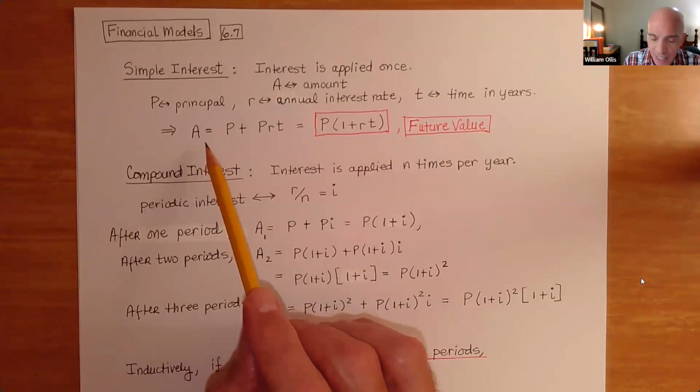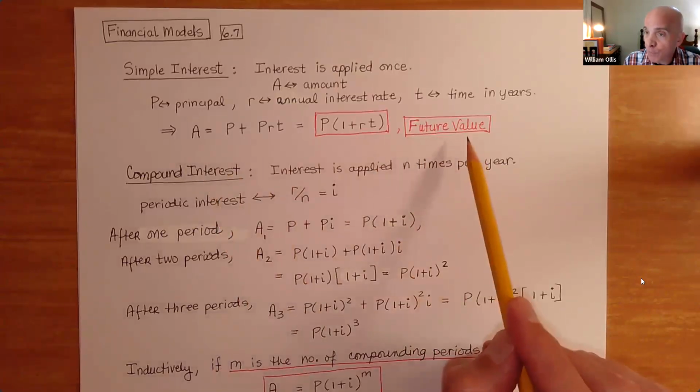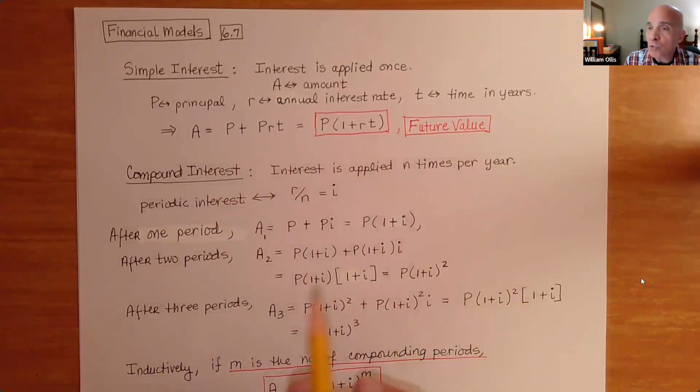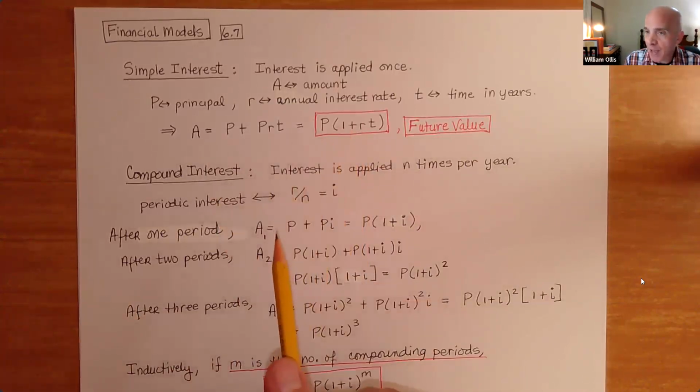That's usually the letter that is used in the formula. Sometimes you will find FV for future value, but usually in our book, we will use the letter A, but we will also be familiar with the term future value. One thing that's important here, we often call P, the principal, the present value.